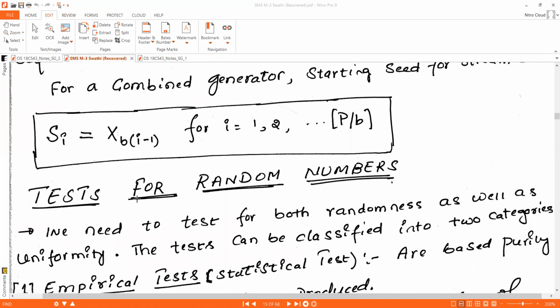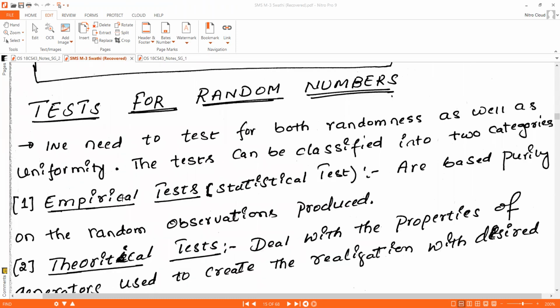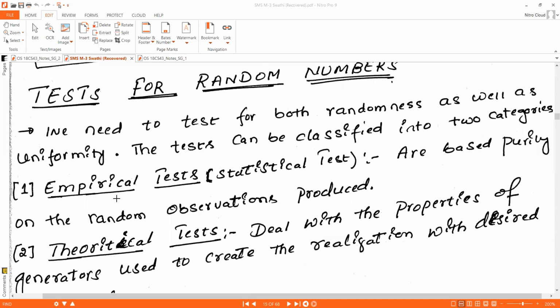Next topic is tests for random numbers. We need to test for both randomness as well as uniformity.